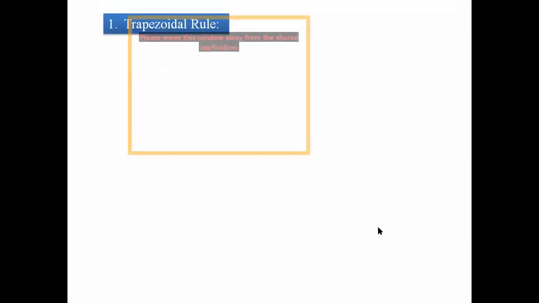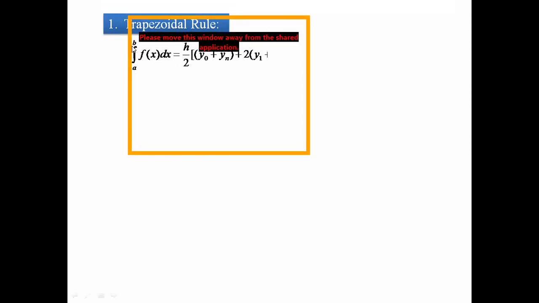First one is called the trapezoid rule. In the trapezoid rule, we integrate f of x from a to b using this formula. First, divide this interval into n equal parts. Let them be x naught, x1, x2, etc., xn. x naught means a, xn means the last value b. At each xi, find the value of y.